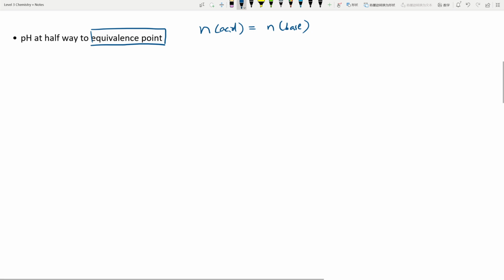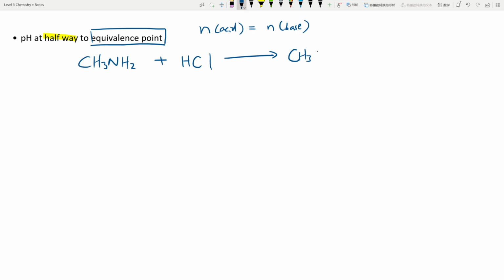Okay, so what it means by halfway to equivalence point, let's look at this equation first. We have CH3NH2 and we're dripping in HCl from the burette. This is going to neutralize each other. It's going to make the conjugate acid CH3NH3 plus and Cl minus. Okay, so this is going to be the equation. Now hopefully that's not too hard to write from your perspective.